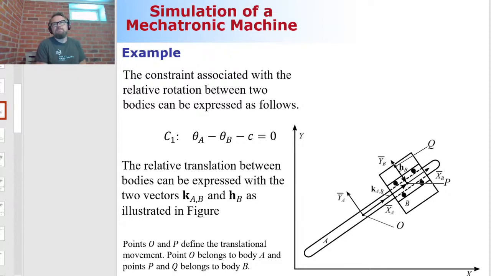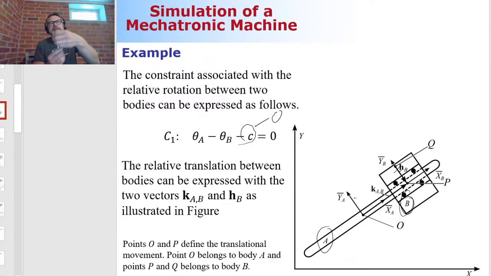The first part is very obvious because if there's a translational joint between body A and body B, the one thing these bodies have in common is an orientation. If they have the same orientation based on the body reference coordinate system, like shown here, then C would be equal to 0.